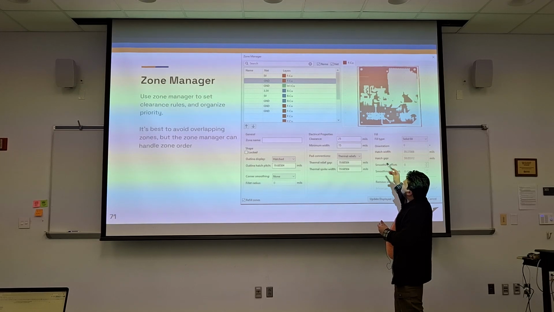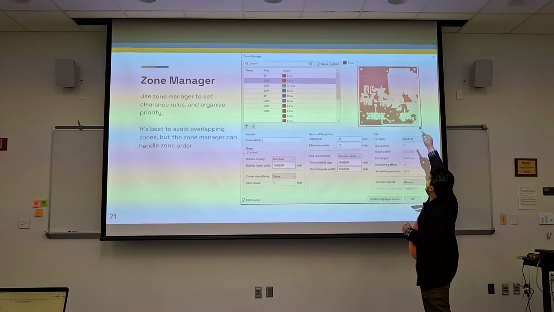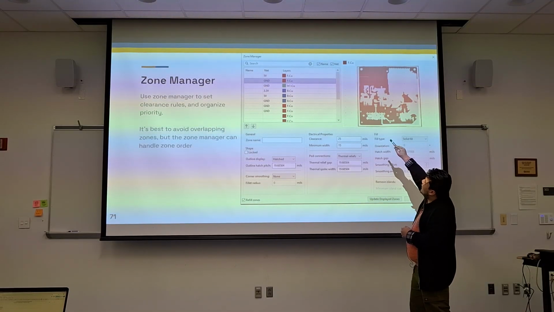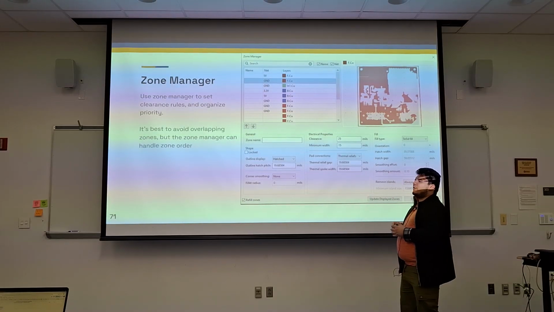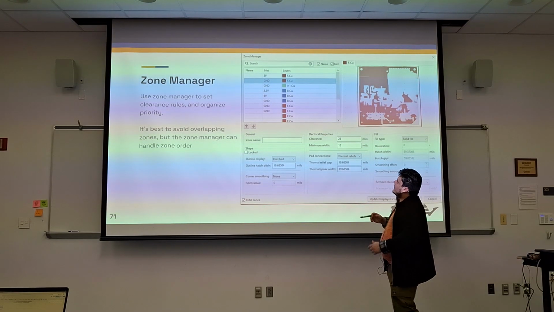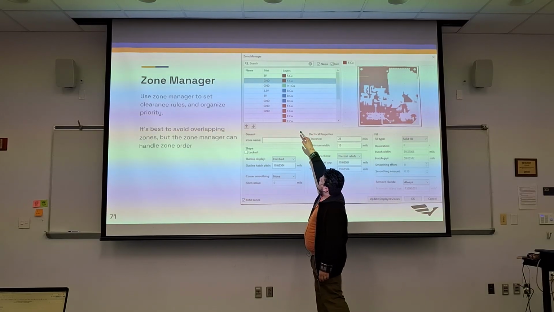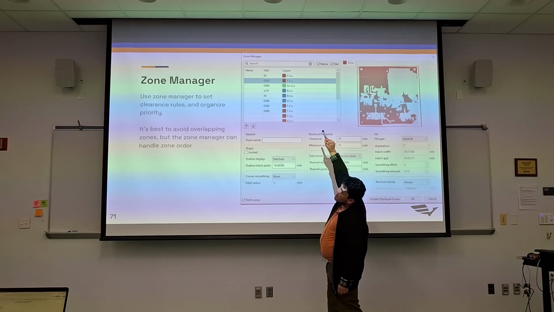And then this is where you can set the order. If you have multiple planes on a layer, like your ground plane but also little internal planes, this is where you set the importance of each. You have to be careful about that, because if you don't, the planes down here are being overpowered by the planes on top, right?